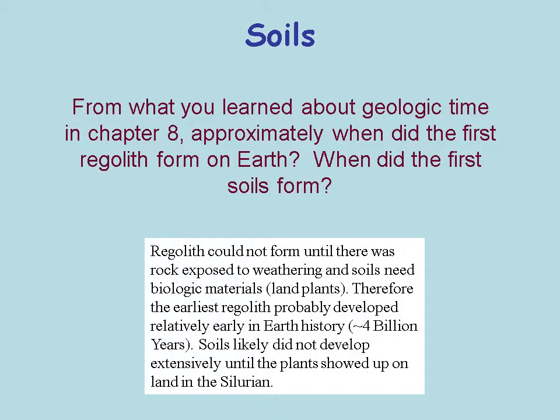Therefore, the earliest regolith probably developed fairly early in Earth history. Regolith meaning the part of the soil that's derived from weathered rock. But it wasn't until the Silurian time that soils really developed, because that's when God started developing lots of land plants on the surface of the earth, on the continents.